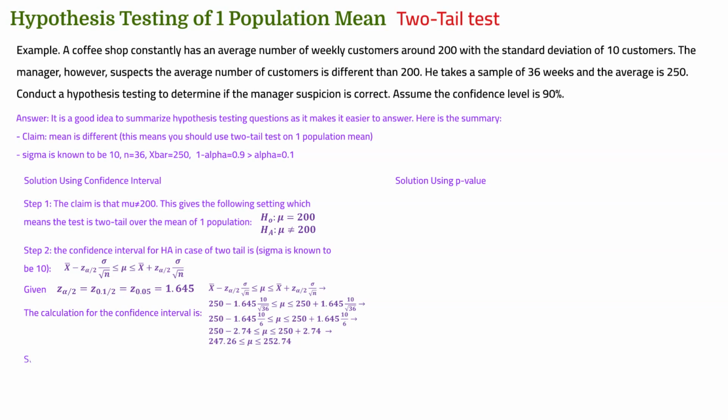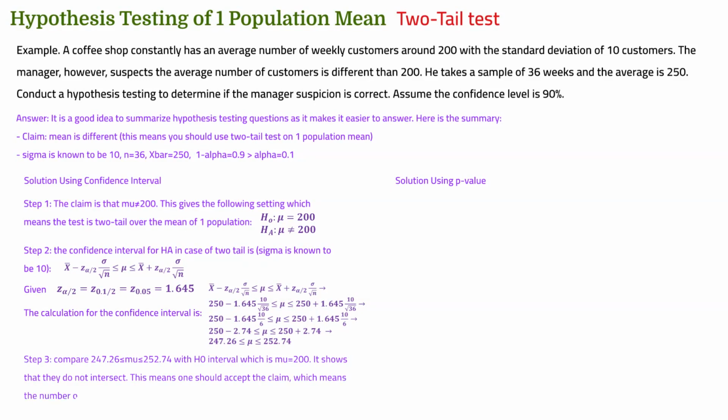I put everything inside, and the result is mu between 247 and 252. Compare this interval with H0, which is mu = 200. It shows they do not intersect or overlap. This means one should accept the claim, which means the number of customers is different than 200.